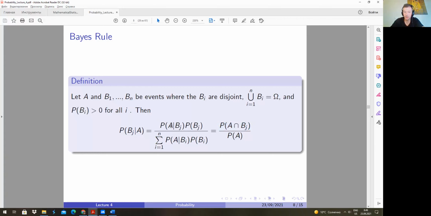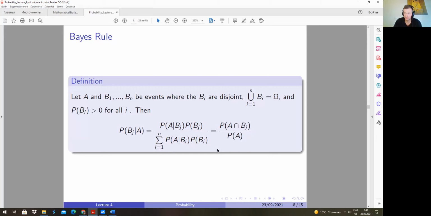This is the probability of A given Bj multiplied by the probability of Bj. So this is the multiplication principle here in the numerator. What do I have in the denominator? In the denominator, I have the law of total probability. Total probability of A is the sum of these products, probability of A given Bi times probability of Bi. And this is called the Bayes rule.